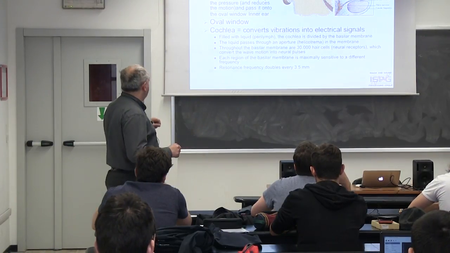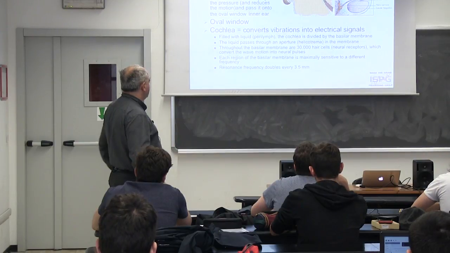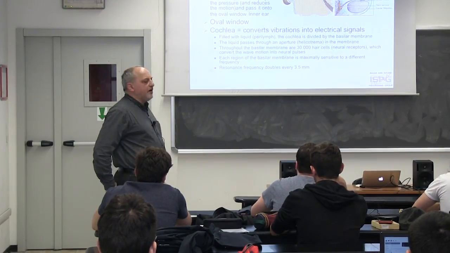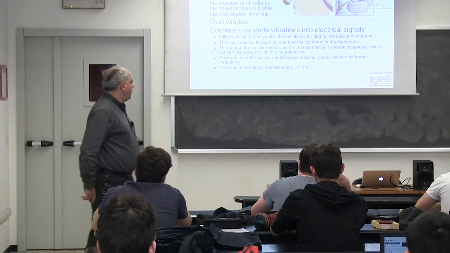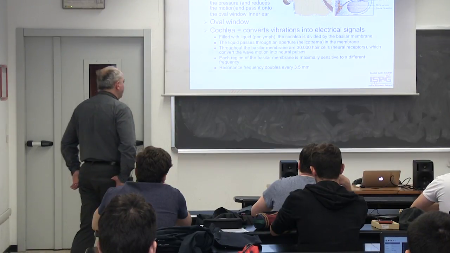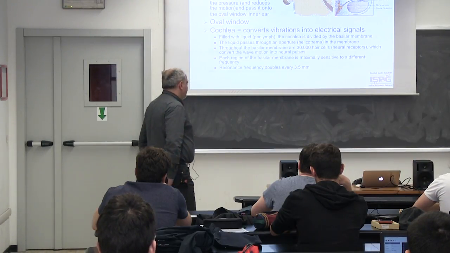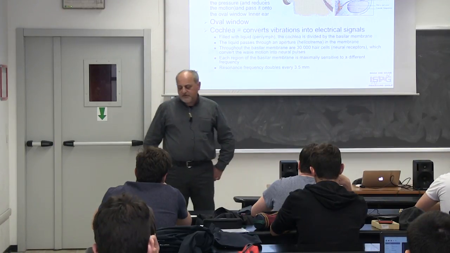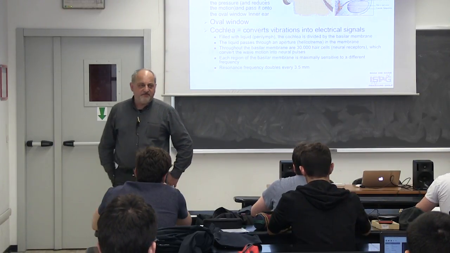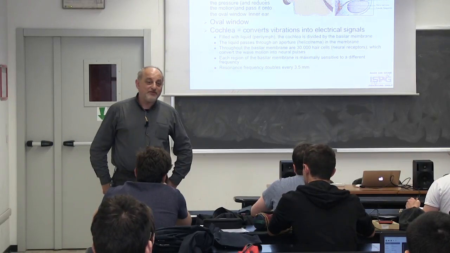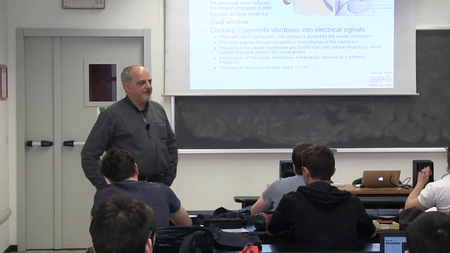In order to do so, you have basically 30,000 hair cells. They're also called neural receptors. Those 30,000 hair cells actually behave like little filters, resonating filters to be more precise.